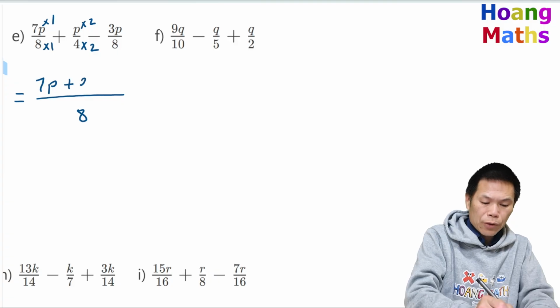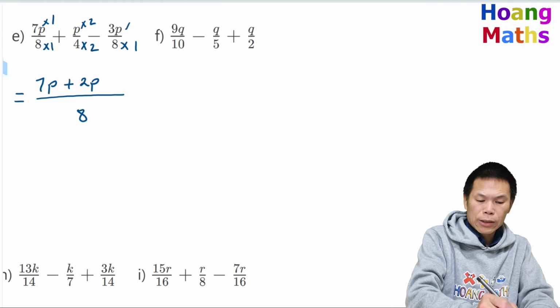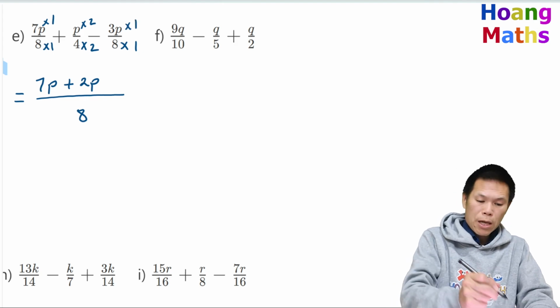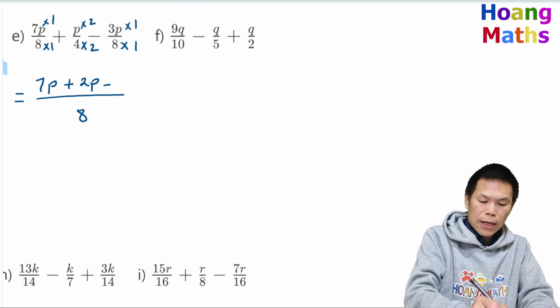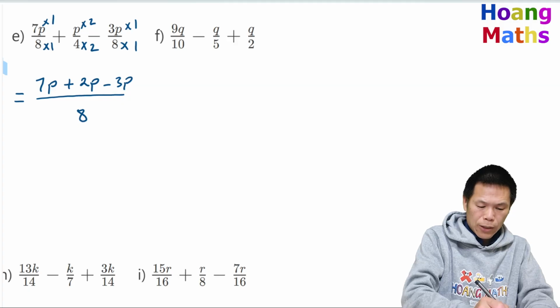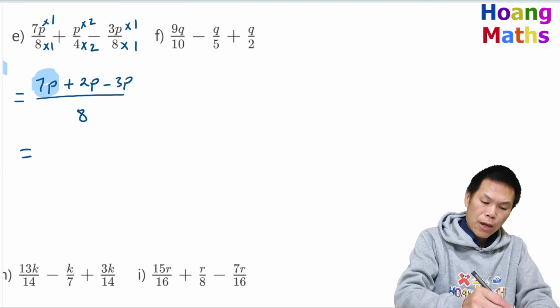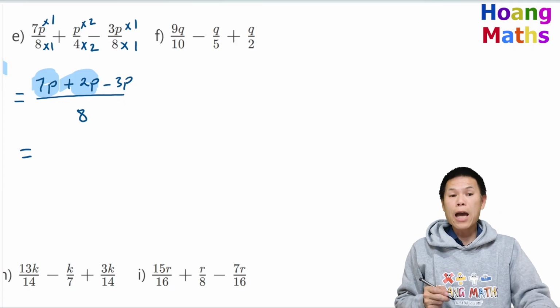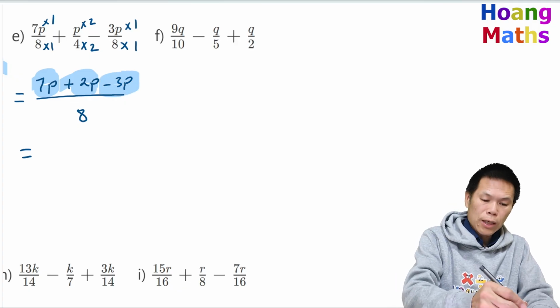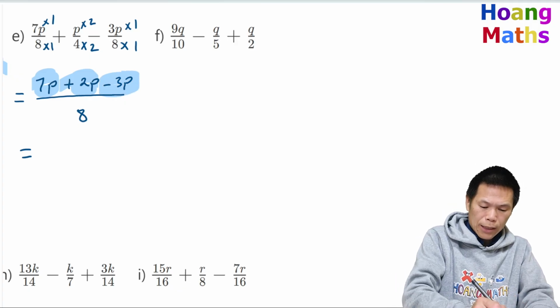So we add 2p. And from 8 to 8, I times 1. So this is times by 1. So that gives me 3p. So minus 3p. So now I just collect the like terms. So that means 7 add 2 gives me 9. And 9 minus 3 is 6. So the answer is 6p over 8.